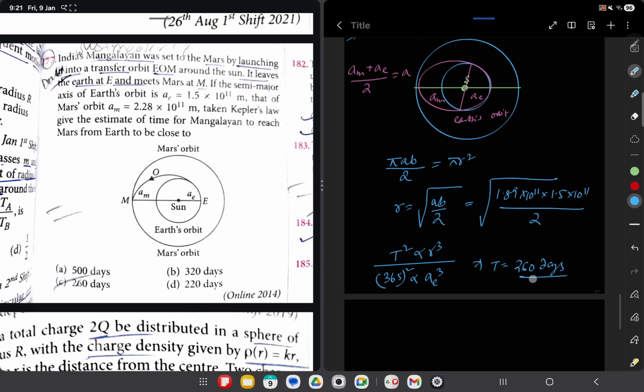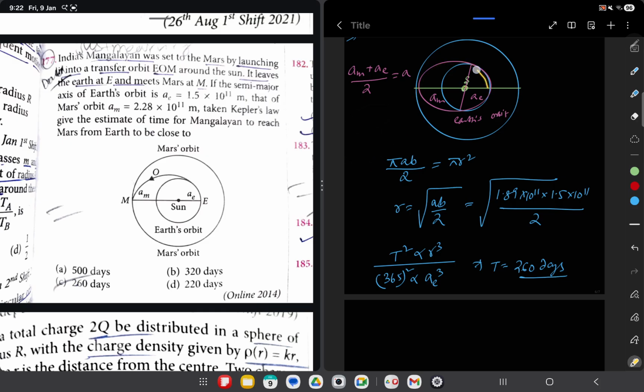So in this case, what is happening, I am just explaining once more. You are projecting the satellite and it is moving to this point. In this case, the distance of the satellite from the sun changes, but in T square proportional to R cube, you are assuming that the path is circular, but in this case the path is elliptical.